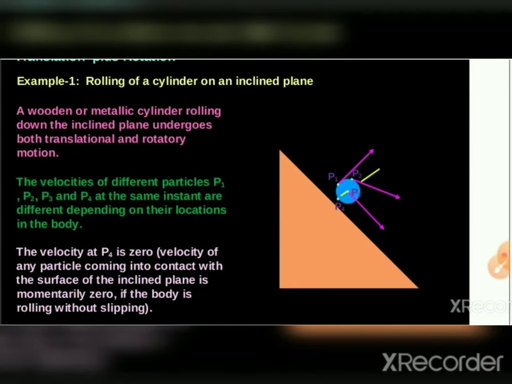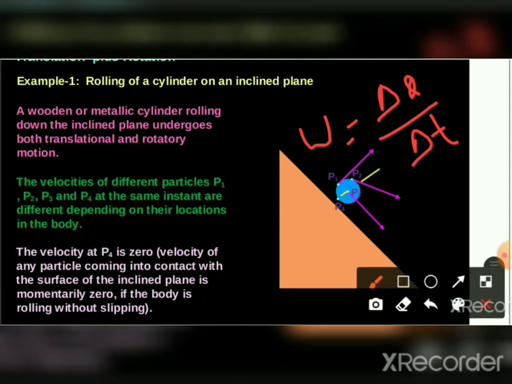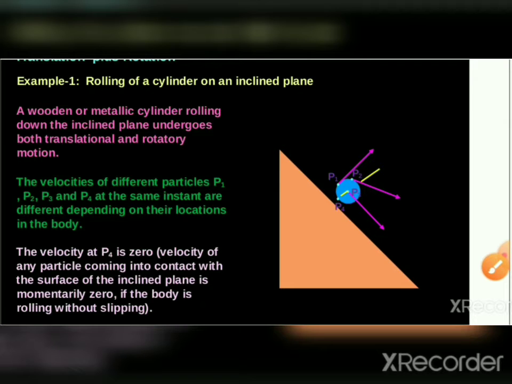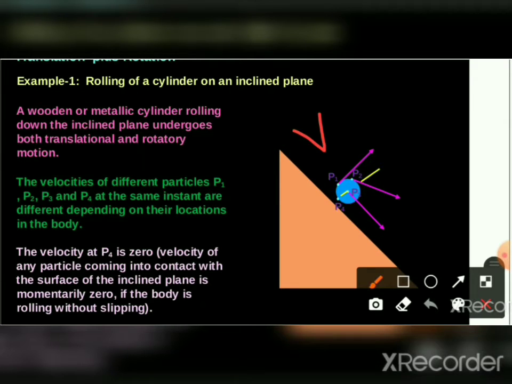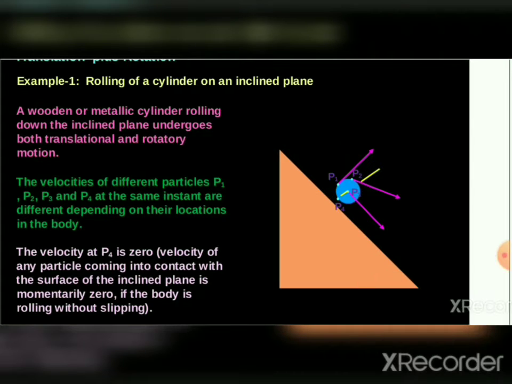You can write that your omega is equal to delta theta upon delta t. It's a true equation, such that the angular displacement over a known time interval is given. Moreover, you know that v is equal to r omega from the previous chapters. So here the relation between the angular velocity and the linear velocity can also be defined using this equation.